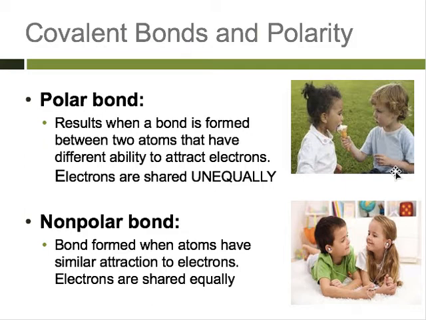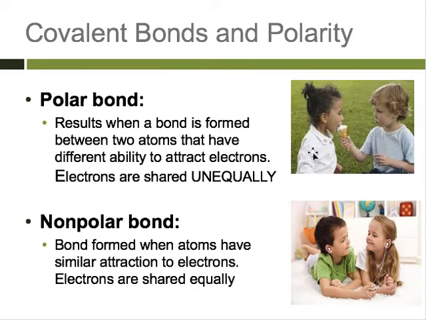And the reason this happens is when there's a bond between two atoms where the electrons are shared, but they're unequally shared. One of the atoms pulls and attracts the electrons much more strongly than the other atom. So the electrons spend more of their time over near one atom than over here on the other atom.